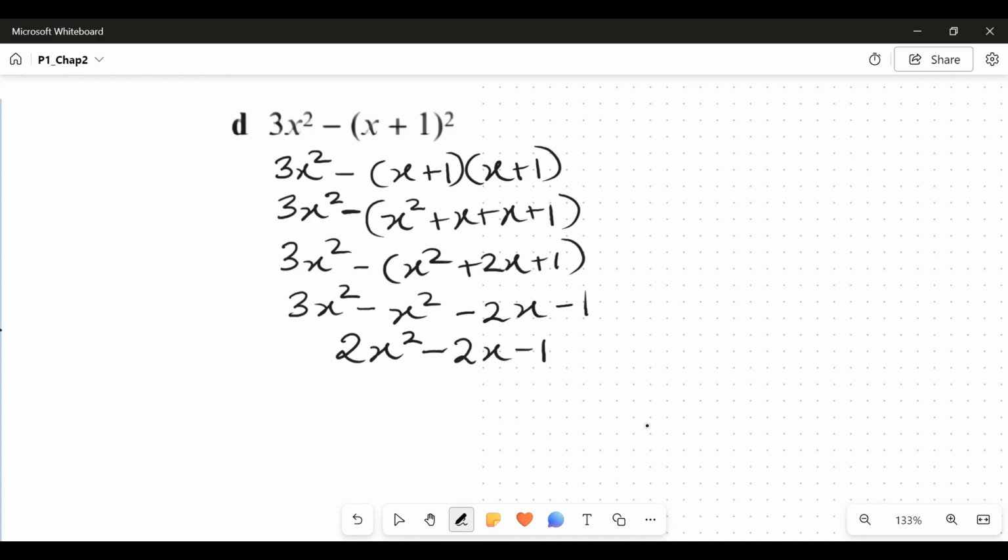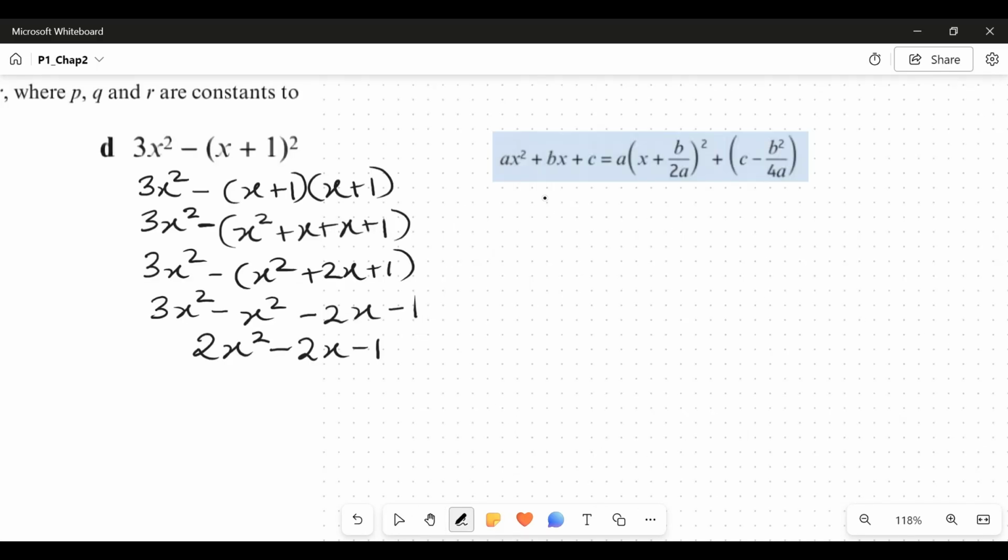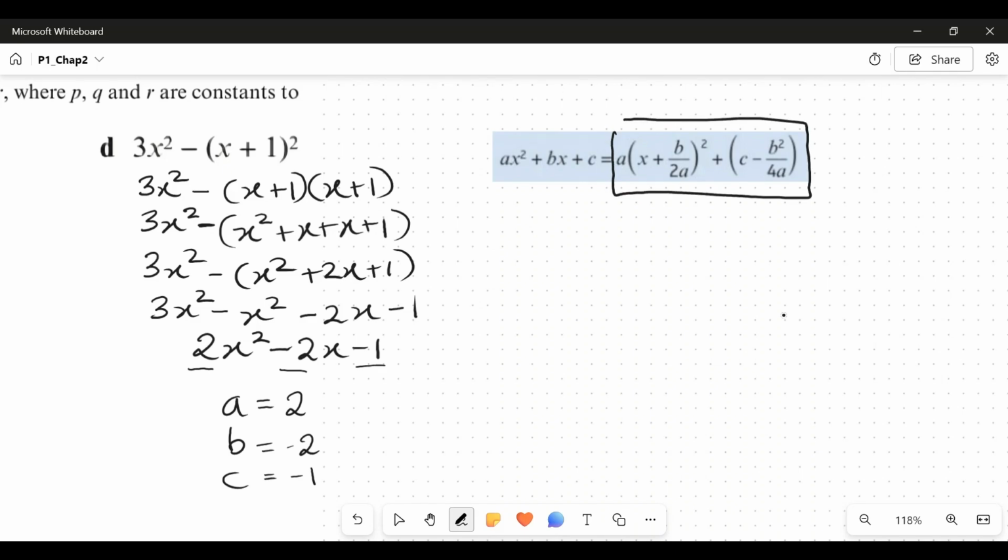And now we're ready to apply the completing the square formula. And this is the completing the square formula for three terms, because now we have an a, we have b, and we have c. So let's write that down first. The value of a is 2, the value of b is minus 2, and the value of c is minus 1. And we can use that in our formula right here. So we're going to use this part of the formula.